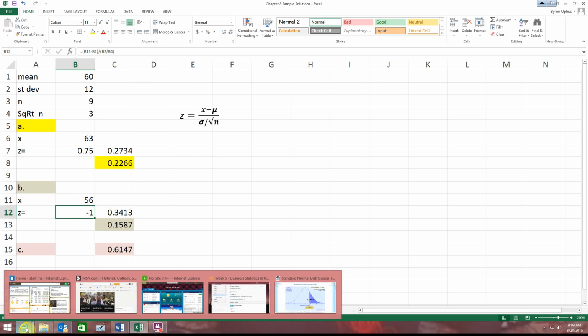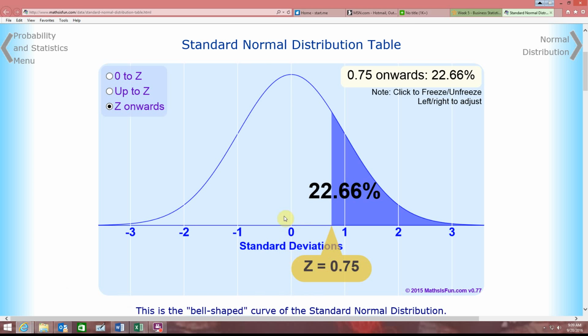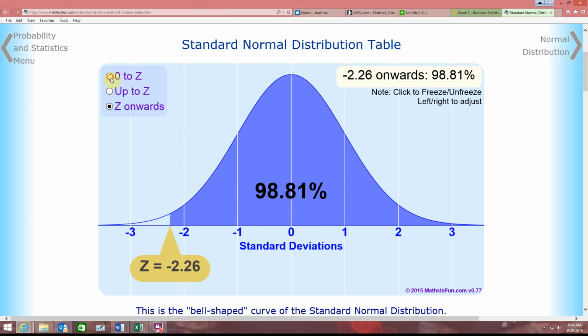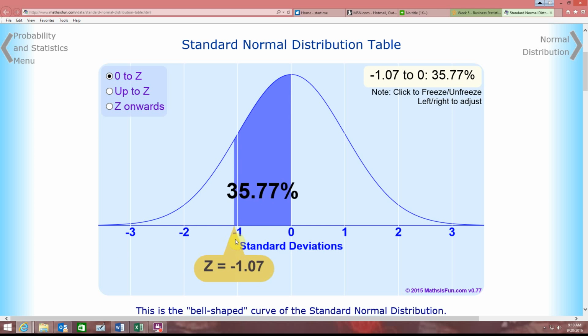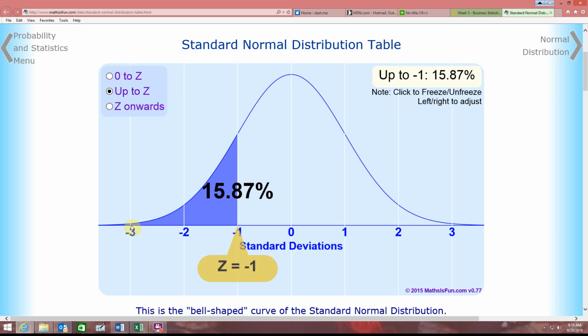So if I look at that again, 1, boom. But I want less than that, so again I want this part here, and I think I can do that, and that'll do it. There we go.